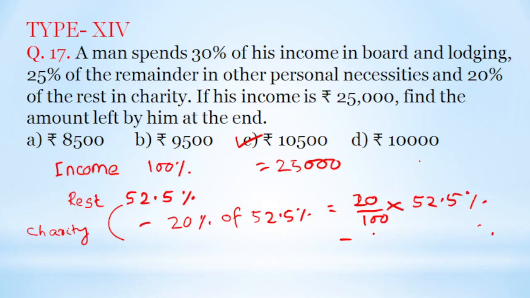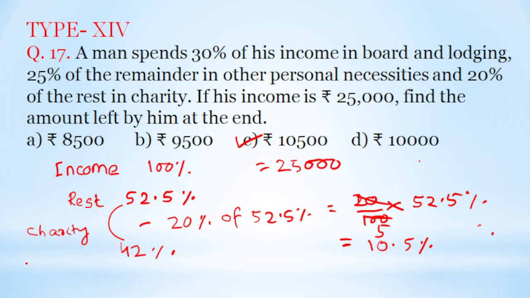So this is 1 by 5. When this 52.5% is divided by 5, it becomes 10.5%. So when 10.5% is deducted from 52.5%, it becomes 42%.